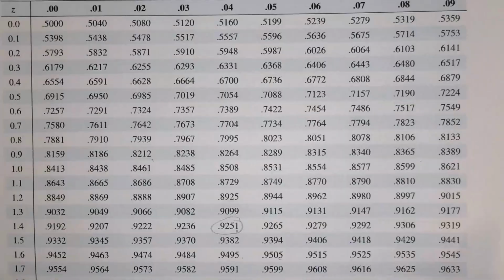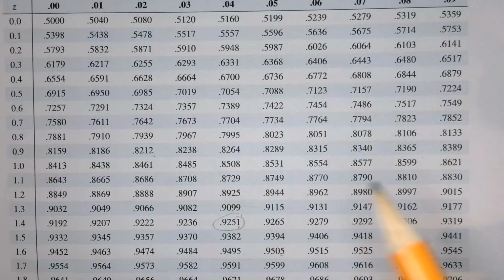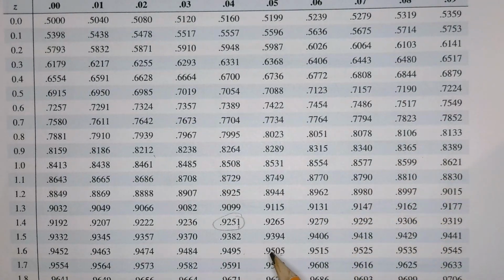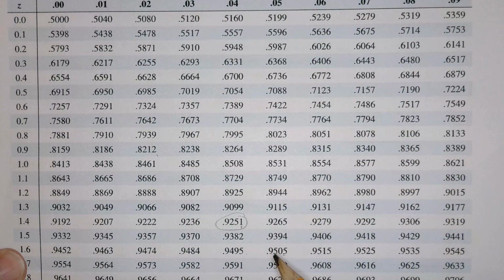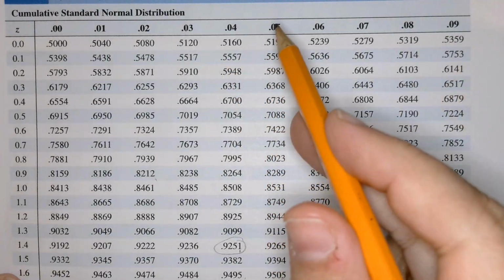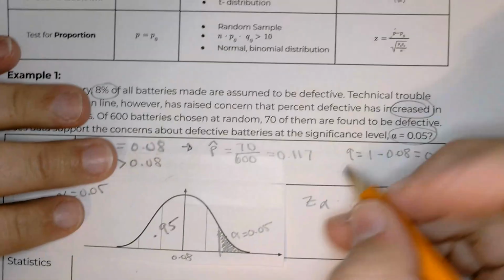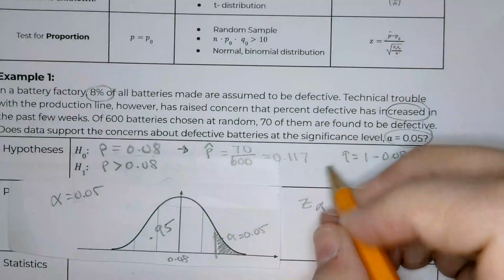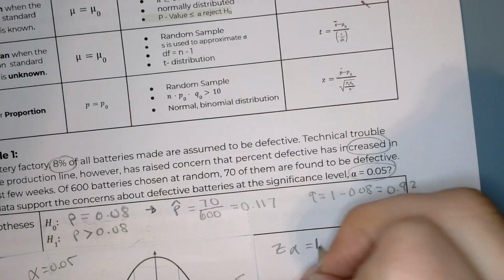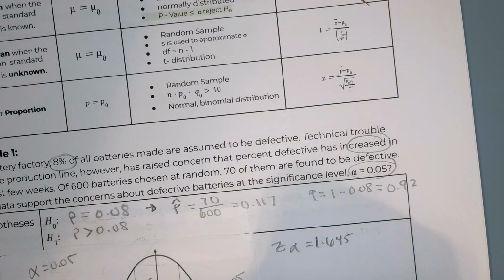I pulled my table out. I'm looking for 95 in the area section. There it is, 1.6. Well, it's not quite 95, so 1.645, right in the middle of 0.04 and 0.05. So we're going to say that z alpha is 1.645, which is this number.